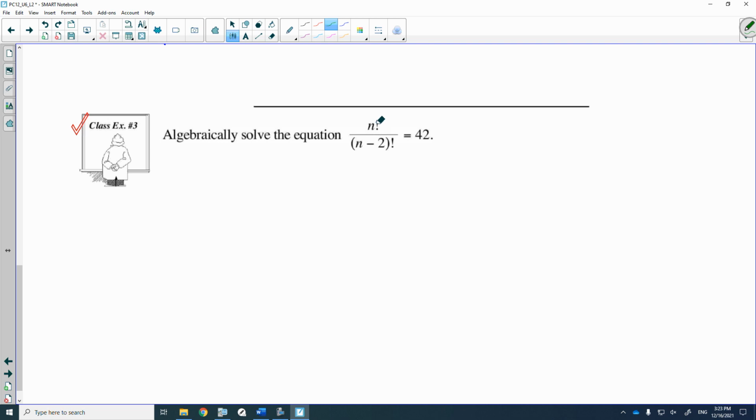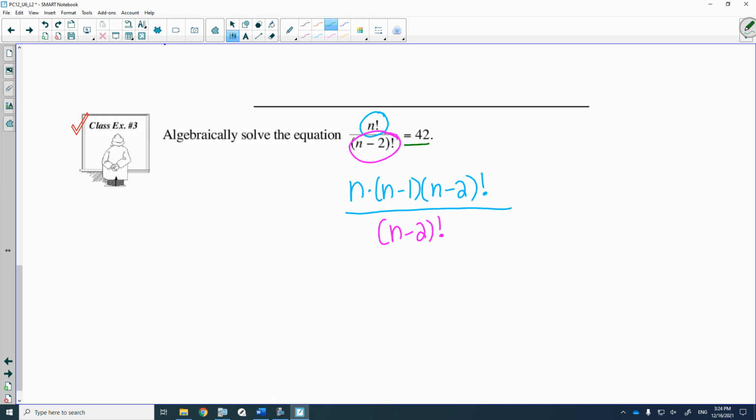The idea is you always want to cancel. So we're going to stop when I could cancel with an n minus 2 factorial. Okay? So what will this look like? Okay, n factorial. I could represent that as n times n minus 1 times n minus 2. If I want to stop, stop by placing your factorial. My denominator has an n minus 2 factorial.